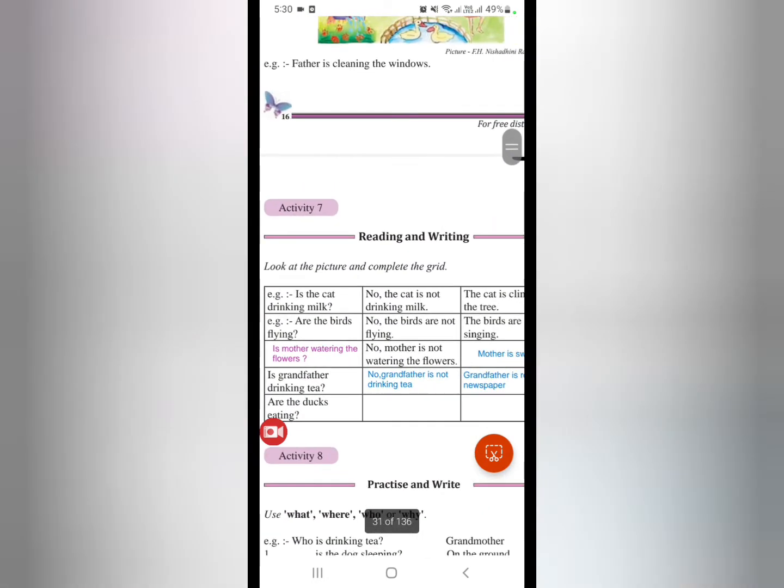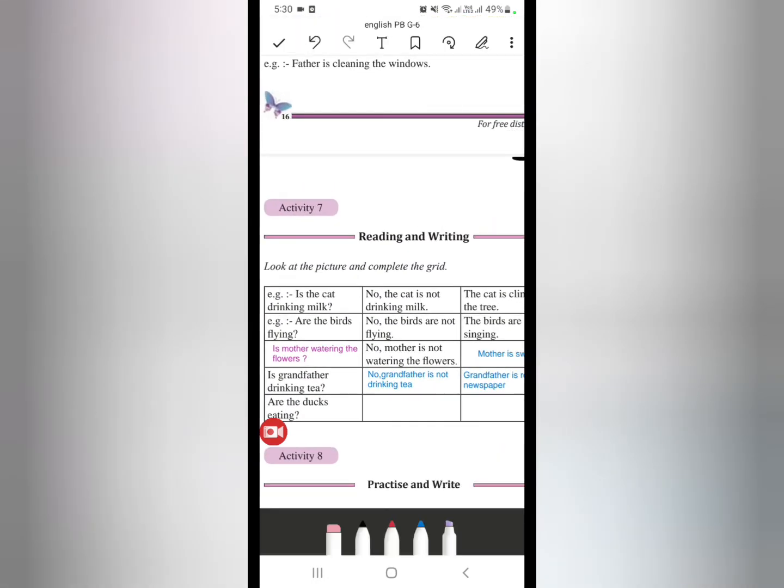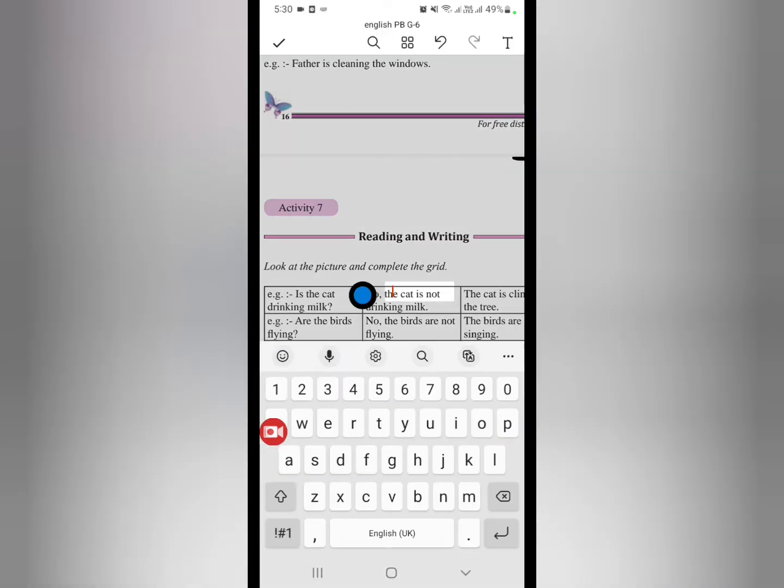Are the ducks eating? No, comma, the ducks are not eating.